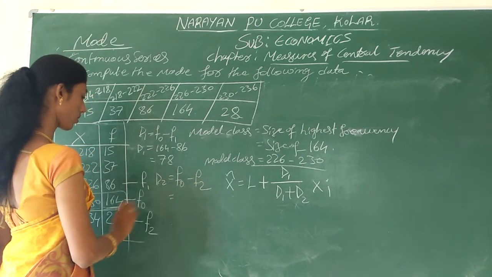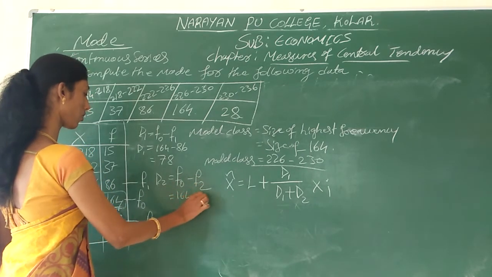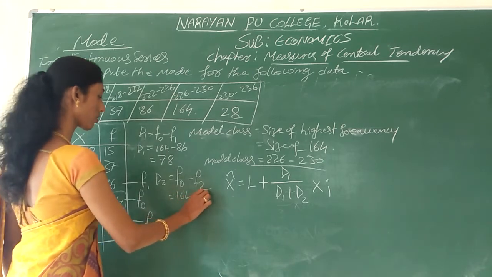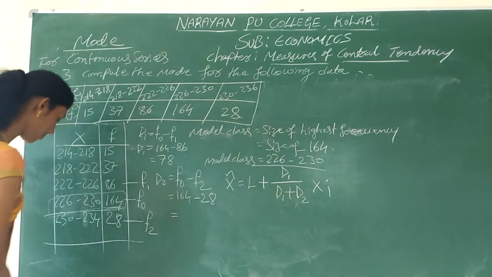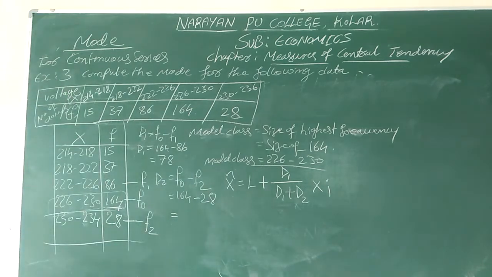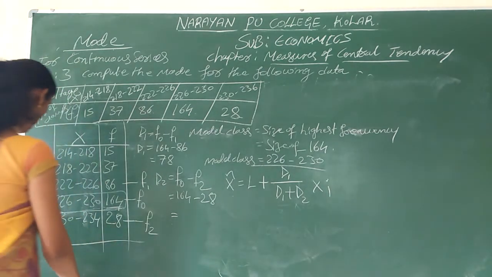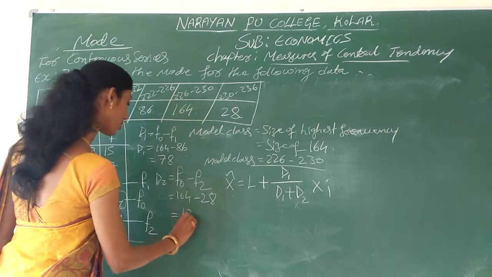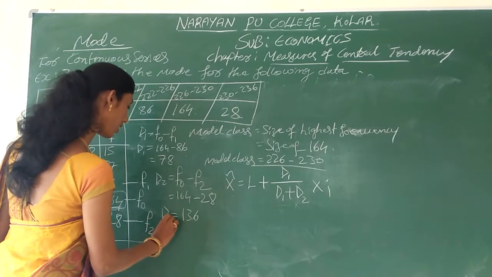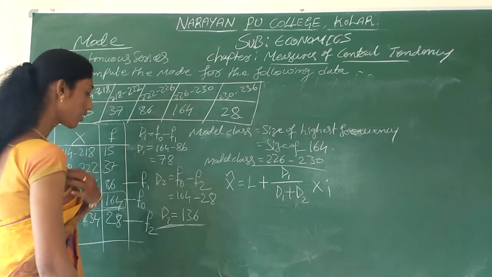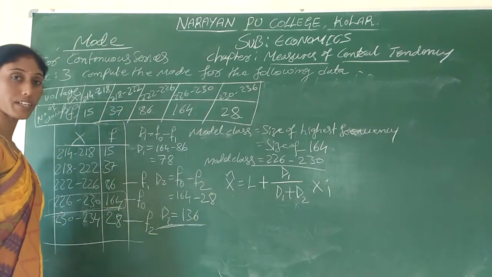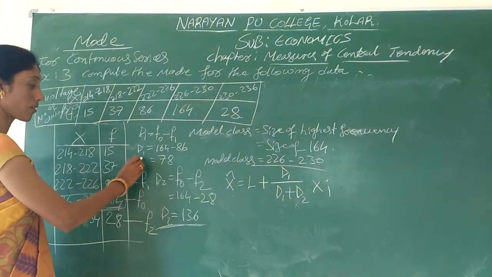F0 is 164 minus F2, which is 28. Here 136 will be the D2 value. Got it? Now we have got D1 and D2.